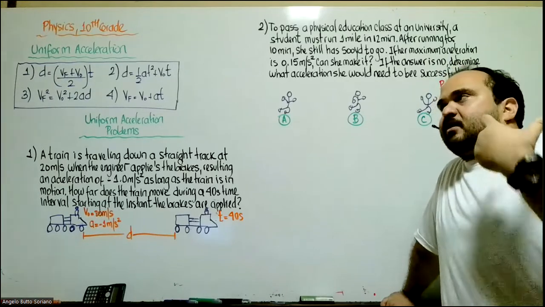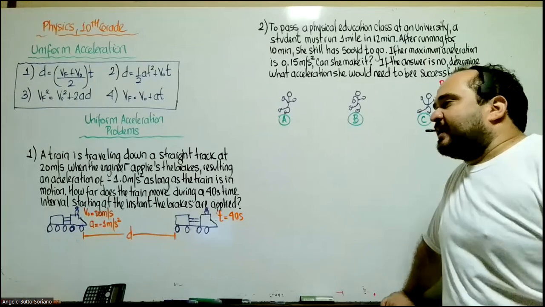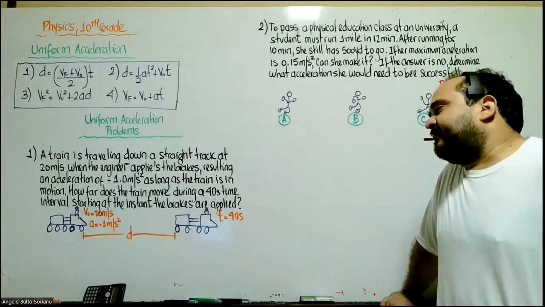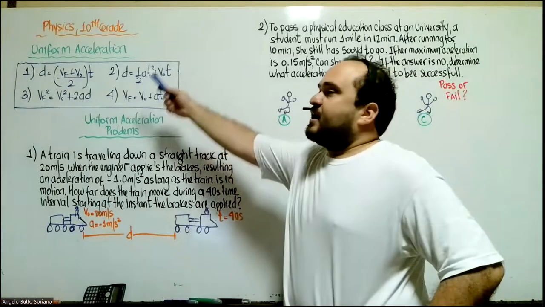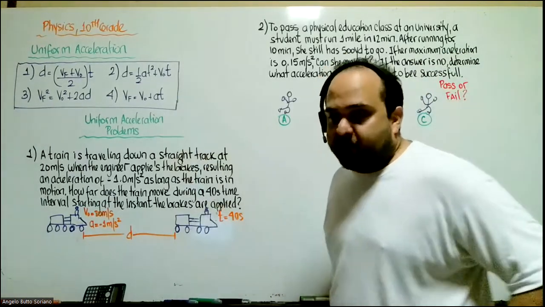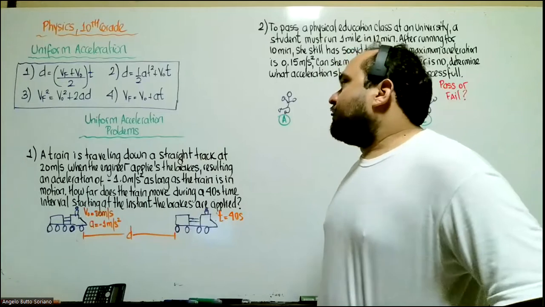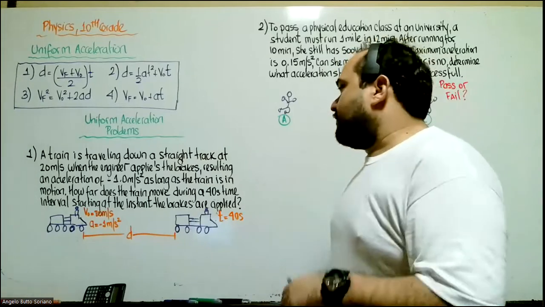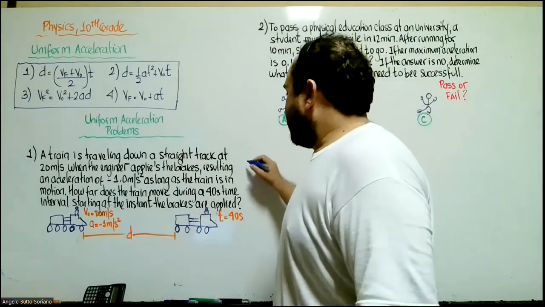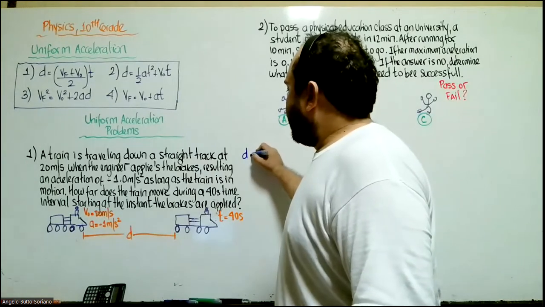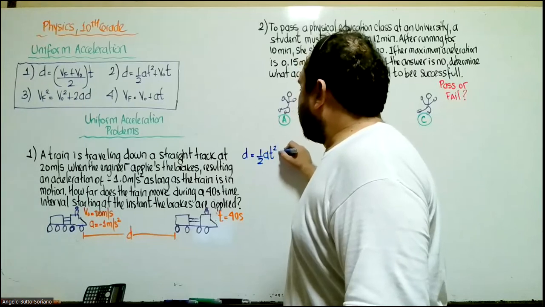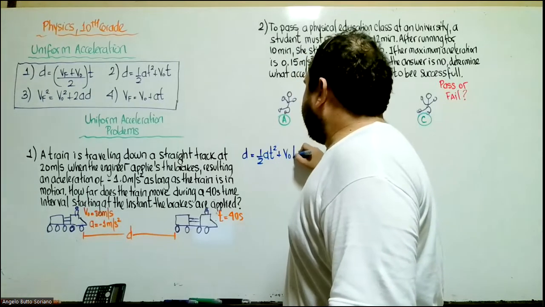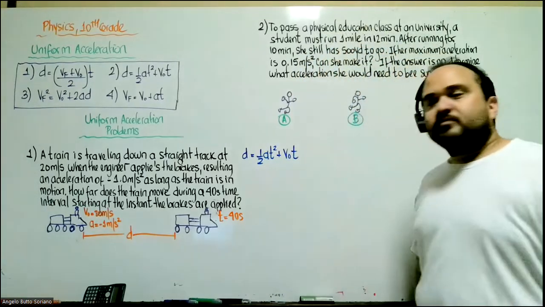As students, we first analyze what we are looking for: the distance. Of the four equations, the chosen one will be the second equation: distance equals one half acceleration times time squared plus initial velocity times time.